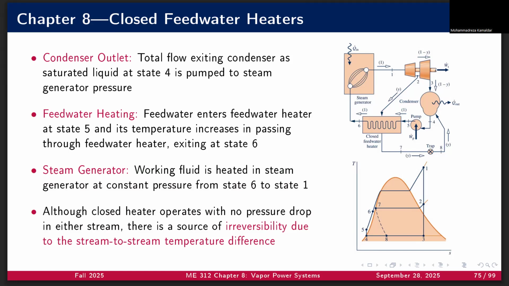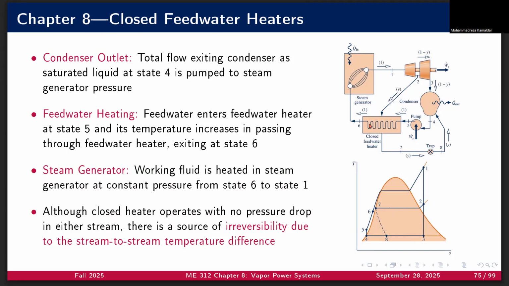So for heat to flow from the condensing steam at the saturation temperature for this pressure P2 to the liquid feed water, the feed water must remain at a lower temperature.